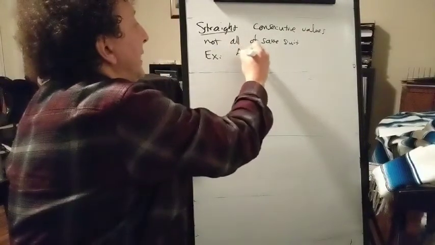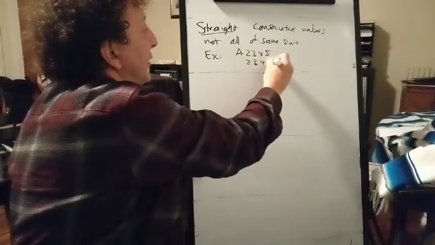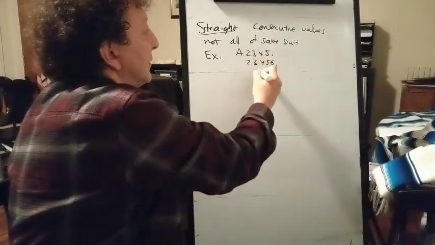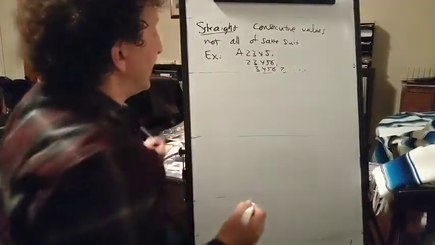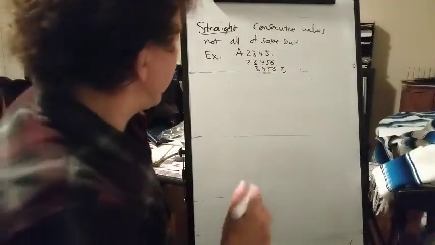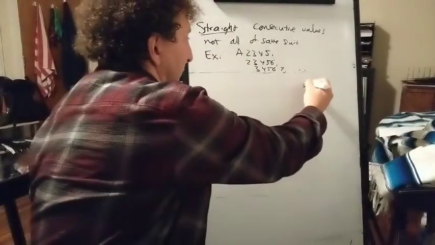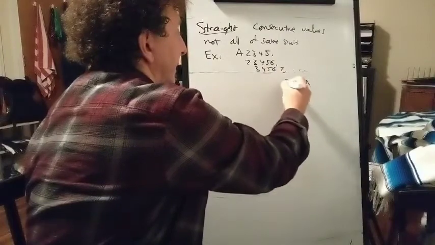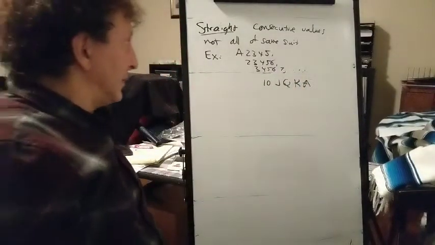So those could be ace, 2, 3, 4, 5, 2, 3, 4, 5, 6, 3, 4, 5, 6, 7, etc. And the last possible straight is the one that ends with ace: 10, jack, queen, king, ace.